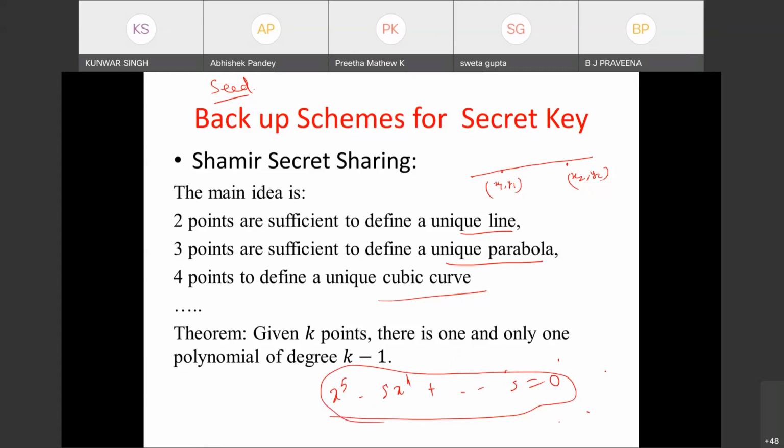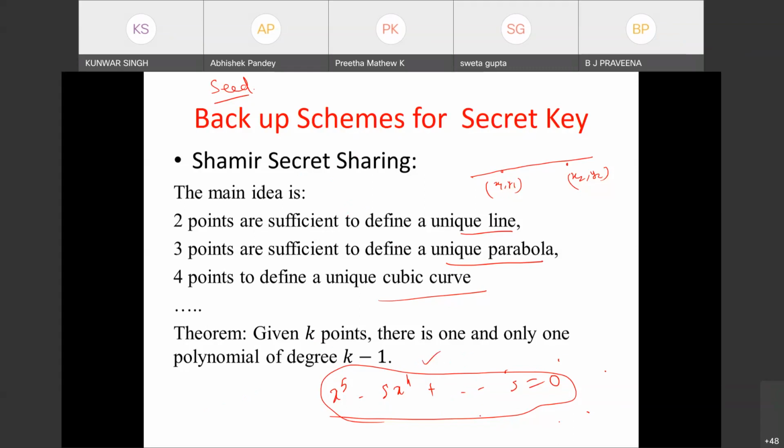You can derive this polynomial from 6 points. So we have k points, k minus 1 degree. From 6 points, you can define the unique polynomial. That is it. This is used in Shamir secret sharing.